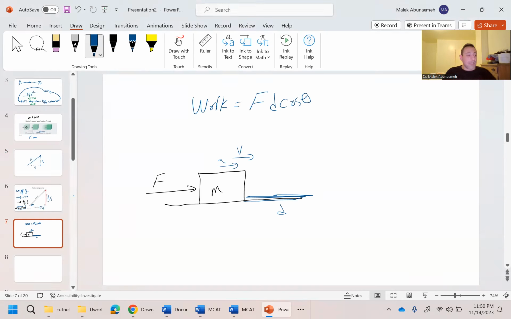That's what we're talking about with work. Let me write this down. We're talking about work, when the force is in the same direction as the displacement.